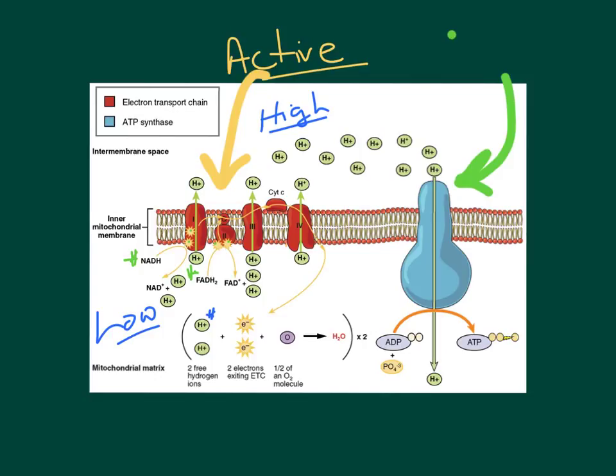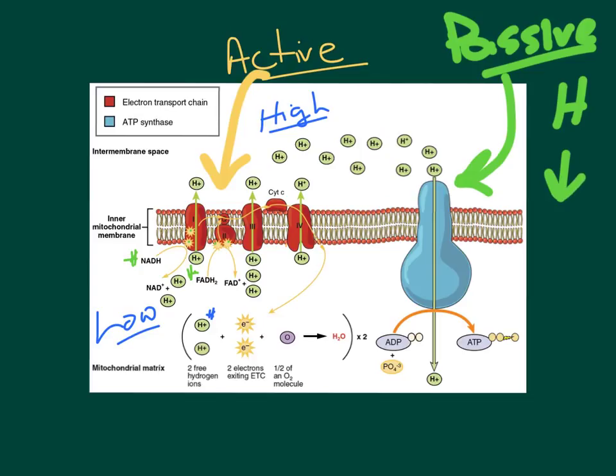This is passive. This is going from high to low. You don't need energy for that to happen. These hydrogen ions will gladly go through this protein, going from high to low, easily.